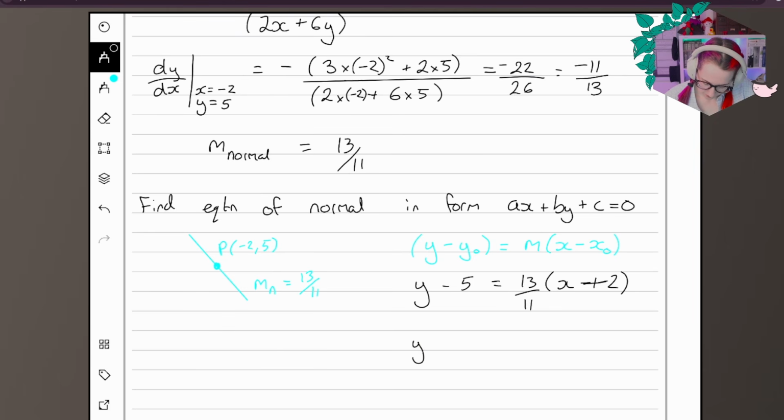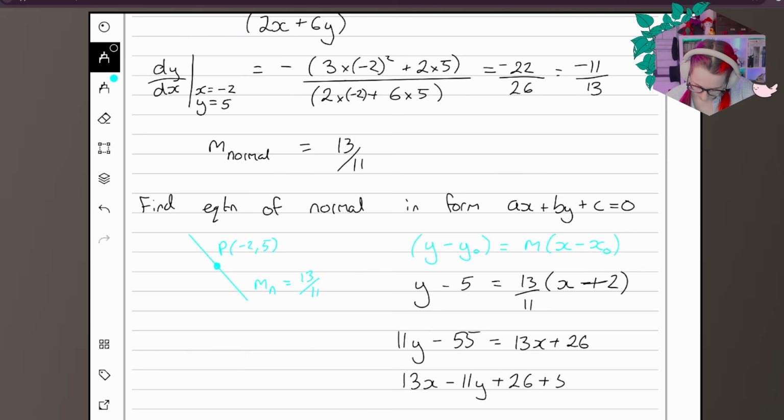So 11y minus 55 is 13x plus 26. And then we want everything on the same side. So we're going to take the right-hand side and bring it over. So 13x minus 11y plus 26 plus 55 equals 0.